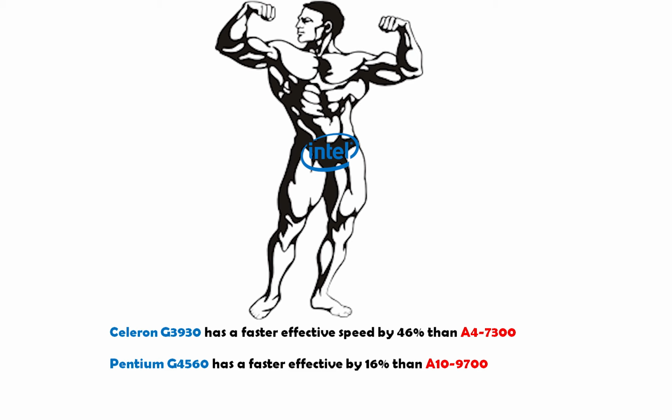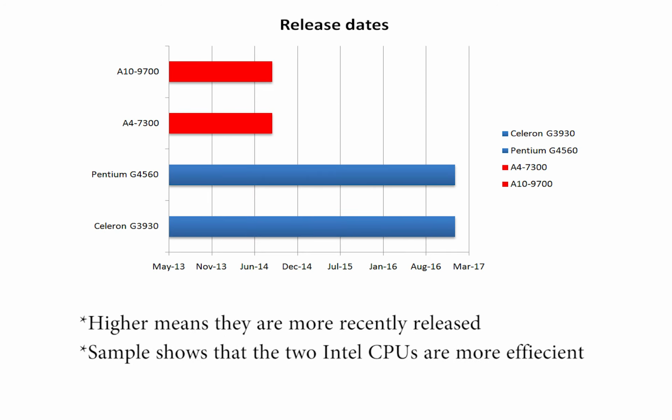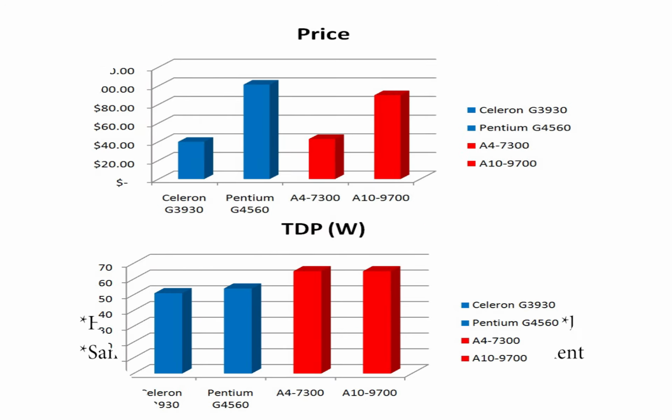For the other pair, the G4560 and A10 9700, the G4560 has a faster effective speed by 16% than its rival. Looking at the release dates of these CPUs, the Intel processors were released more recently than the AMD processors. Also, based on their prices, there's really not much difference, and Intel has a lower TDP. Clearly, in my opinion, Intel would be a better choice based on this information alone.